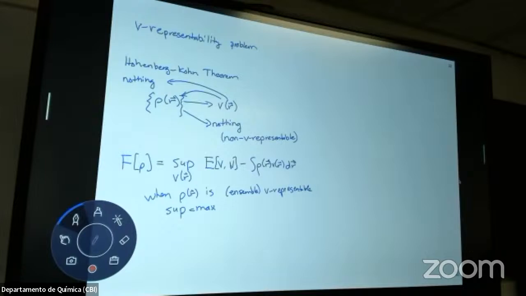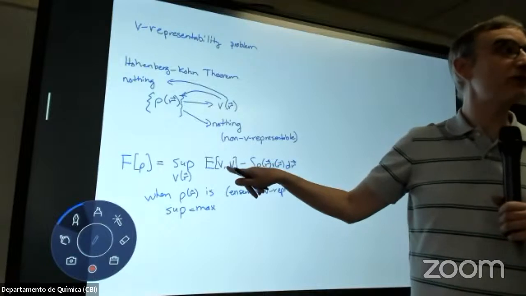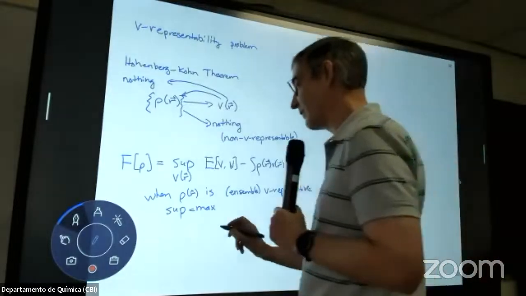So it means if the supremum is a maximum, you can actually find a V that gives you the right answer. That's not always true. There's not always a V that gives you the right answer, right?